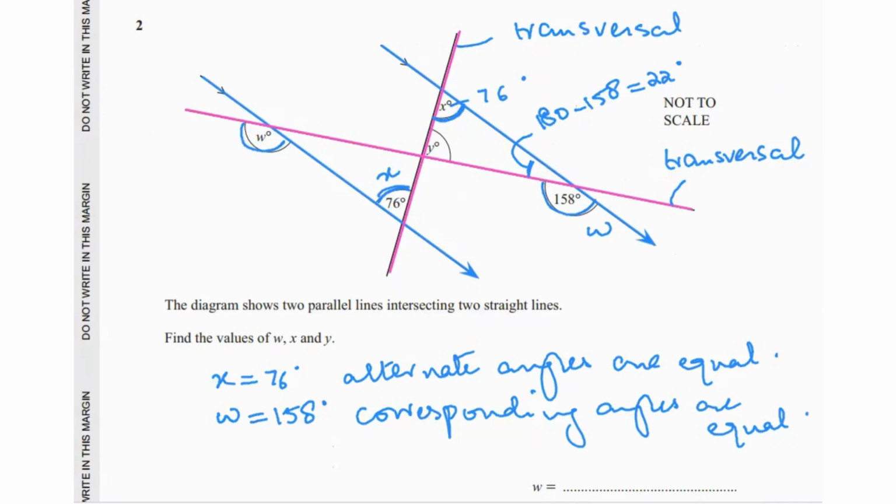So now if we mark this with a different color, we can see that we have a triangle and sum of angles in a triangle is also 180. So to find y, we can just subtract 76 and 22 from 180, and that is going to give us 82. So y is 82, x is 76, and w is 158.